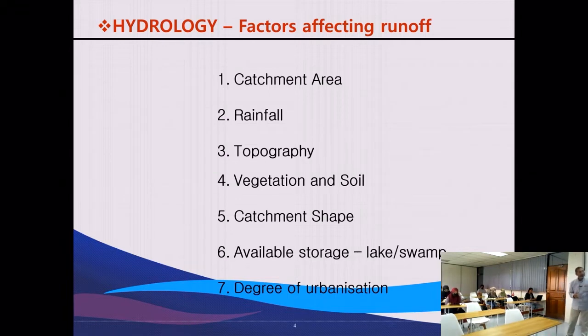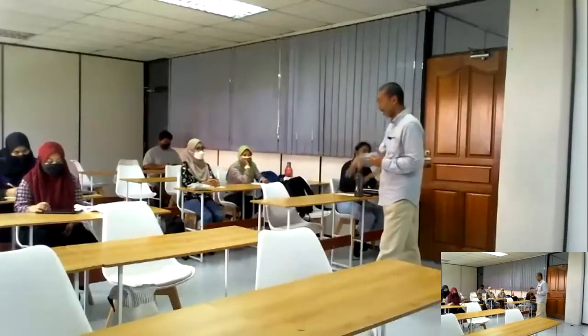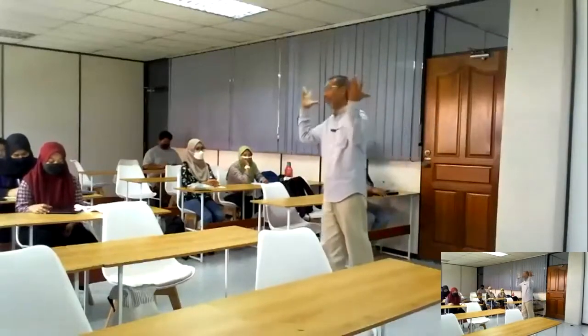So the first that is going to affect why we want to study the hydrology, because we want to know how the water flows from its point of contact when it rains, and then how it flows away finally to the sea, or some of them go into the ground, some of them evaporate.